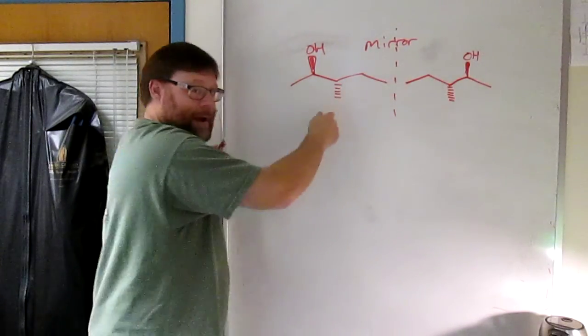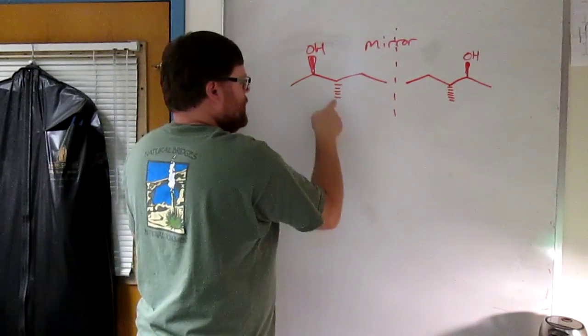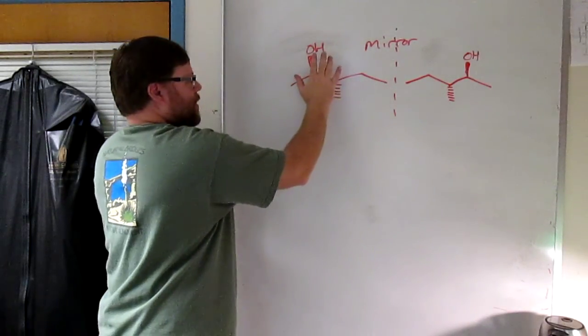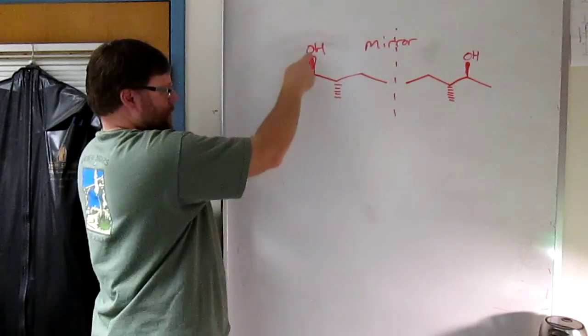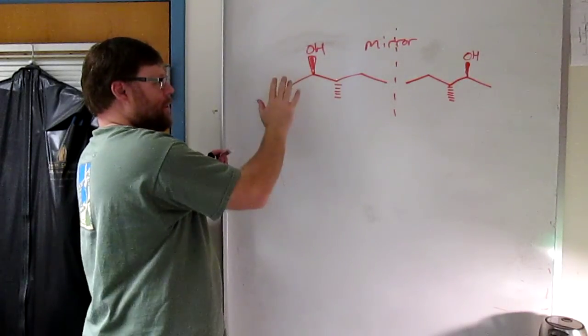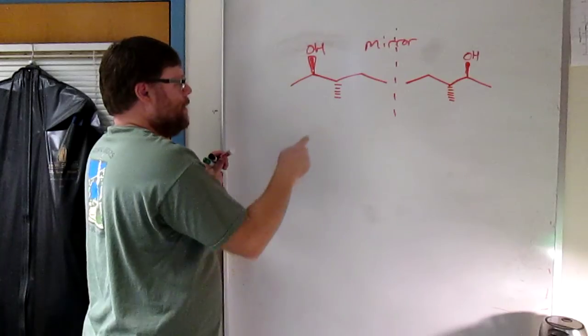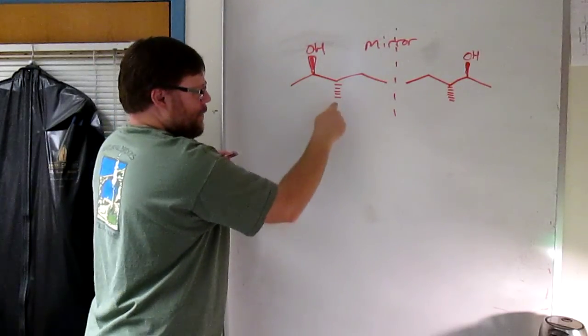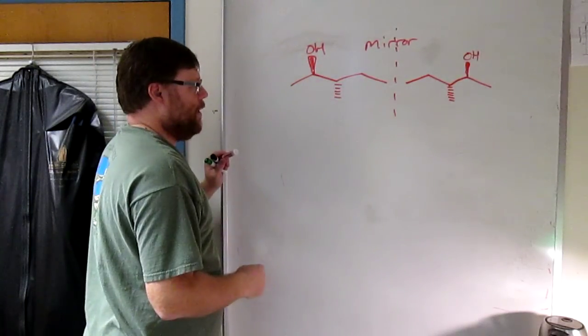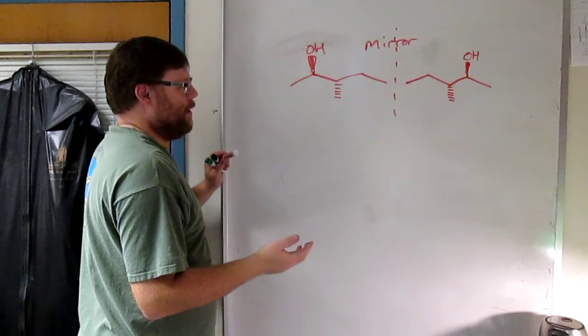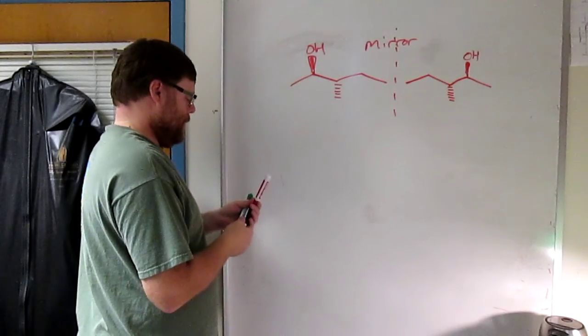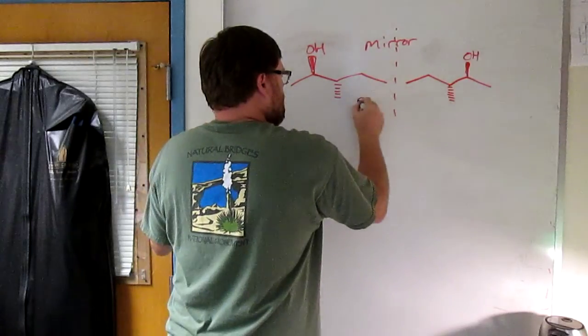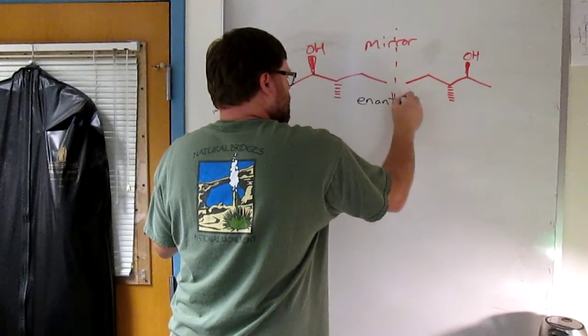The methyl which is back will come out. And so, even though in 2 dimensions they overlap, this OH would be out, while the OH you're trying to overlay would be behind. This methyl is back; the methyl you're trying to overlay would be in front. So they're non-superimposable mirror images. They're enantiomers. So you've successfully drawn the enantiomer.